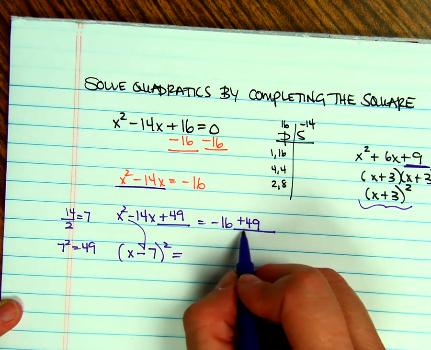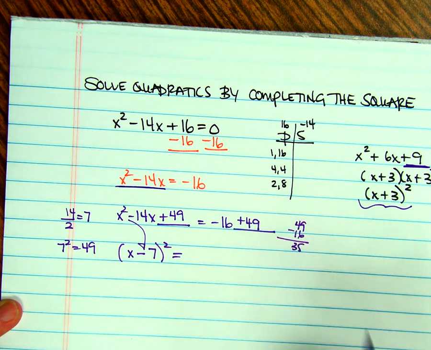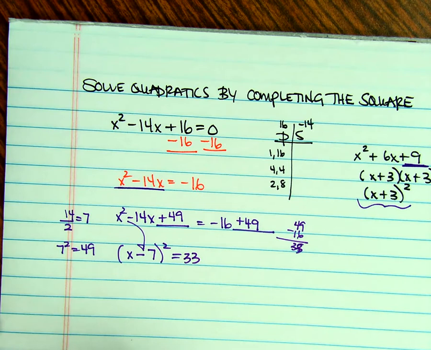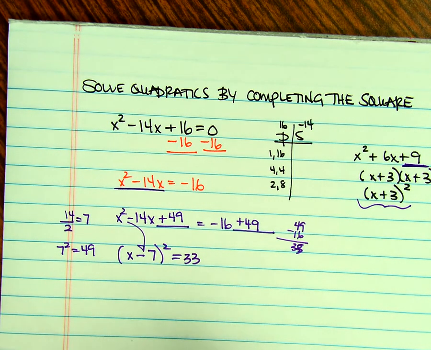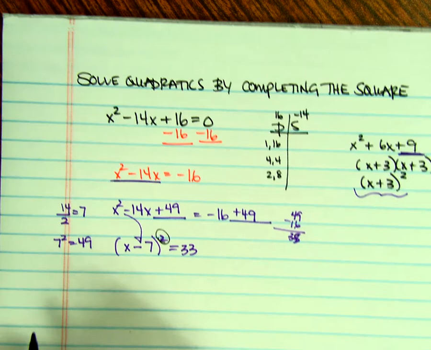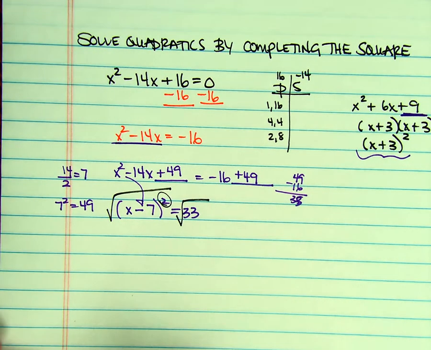And then 49 minus 16 gives me a 33. So I have x minus 7 squared equals 33. Just like when we were solving by square roots, we want to get rid of this, so we square root both sides.